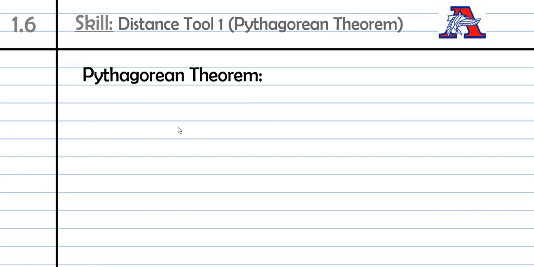So I am going to remind you a couple things about the Pythagorean theorem. It is used for right triangles only. And remember, right triangles have a 90-degree angle within them. And it is maybe the most famous math formula of all time. It's this guy.